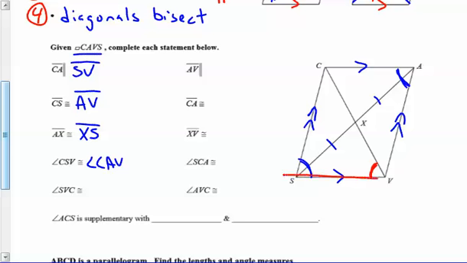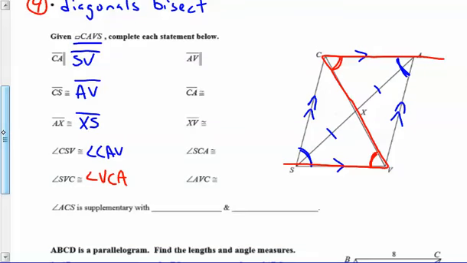Now remember, these are parallel lines, and this CV would be a transversal. So that means that this angle, which is angle VCA, is an alternate interior angle, and when the lines are parallel, alternate interiors are congruent.